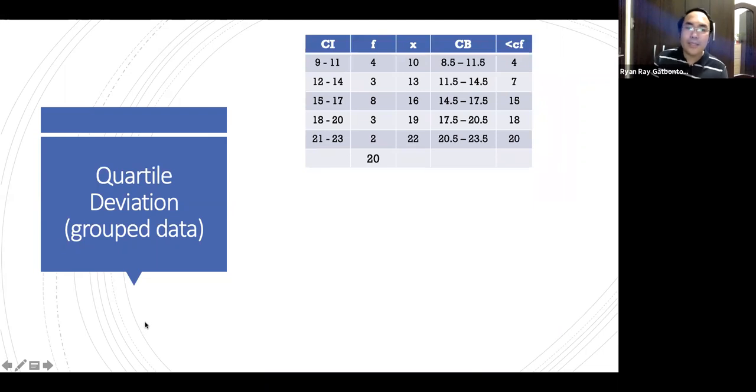Now, to get the quartile deviation in the group data, we have to do two computations. First, we have to find the third quartile of the group data. As we discussed in the previous video, we use this formula to find the third quartile in our group data.